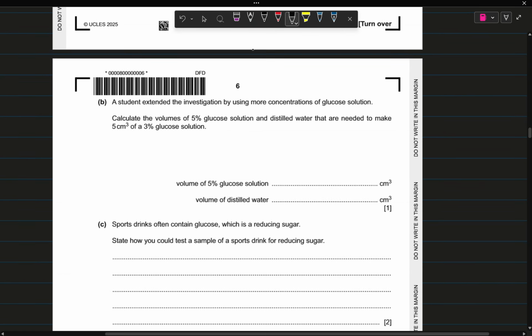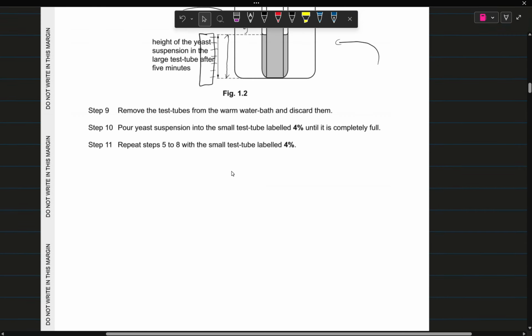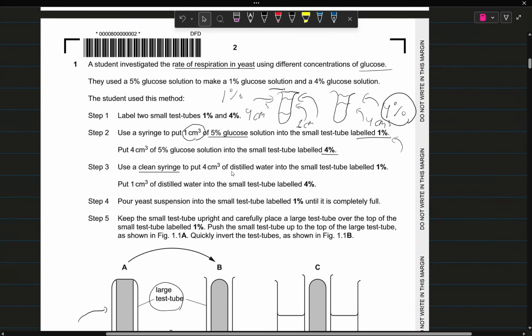Even if you're not really sure about that, you can take the previous test tubes as a reference point. To make a 1% glucose solution, we took 1 centimeter cubed of glucose solution, and then we added 4 centimeter cubed of distilled water, to make everything add up to 5 centimeter cubed.